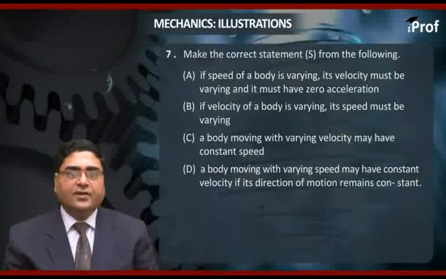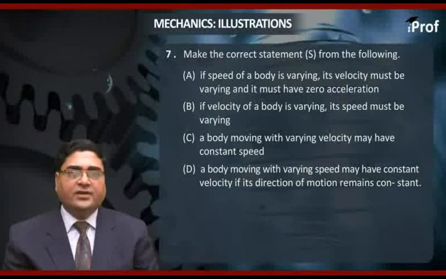B. If the velocity of a body is varying, its speed must be varying. C. A body moving with varying velocity may have constant speed. D. A body moving with varying speed may have constant velocity if its direction of motion remains constant.